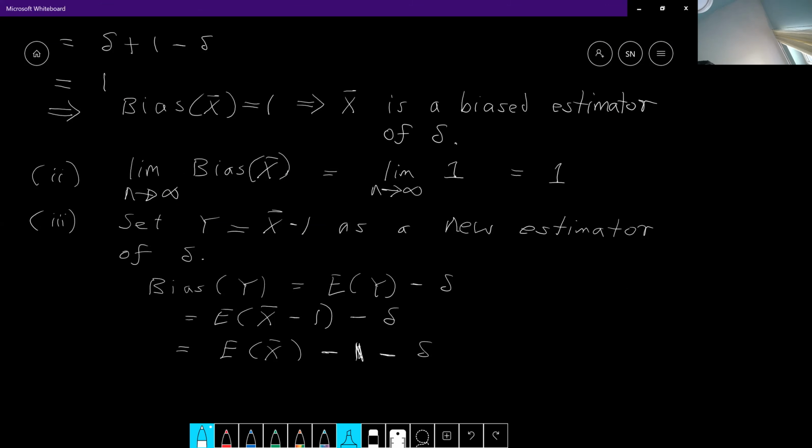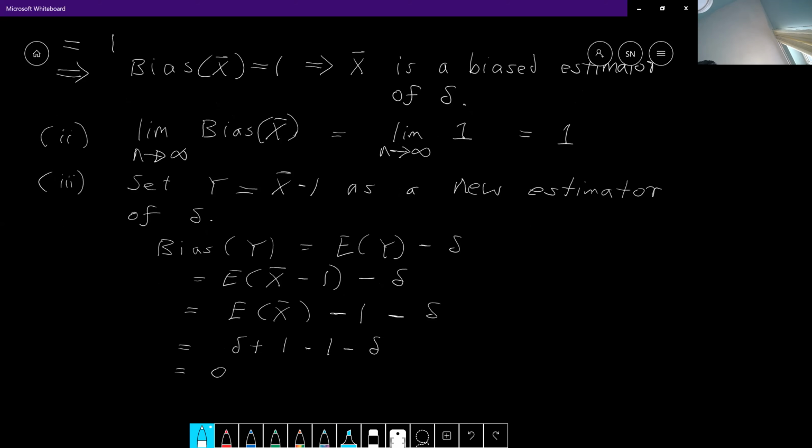Okay, and we know from part 1 that the expectation of x bar is delta plus 1, and therefore this is equal to 0. So what we have shown is that y is an unbiased estimator of delta.